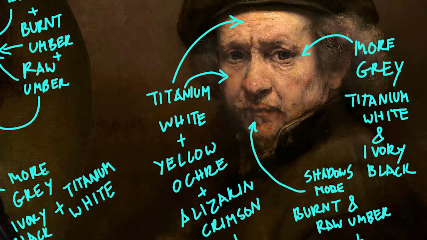And definitely for the shadows, I would still use a very similar color tone: burnt umber, raw umber, burnt sienna, ivory black, and mix those to create those nice darker textures. And he does have certain spots that have more neutral tones.